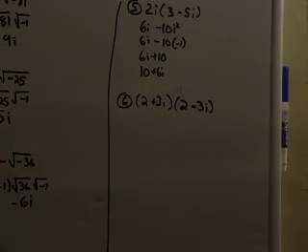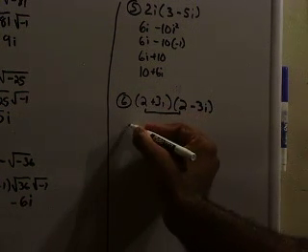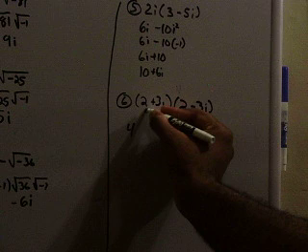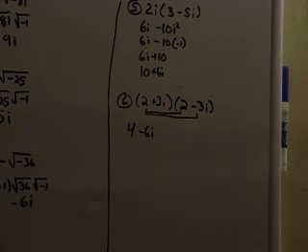Okay, let's look at this last one. Here we're going to FOIL. Well, we FOIL imaginary numbers just like we FOIL anything else. So that'll be 2 times 2, which is 4. 2 times negative 3i, which is negative 6i. Positive 3i times 2, which is 6i.